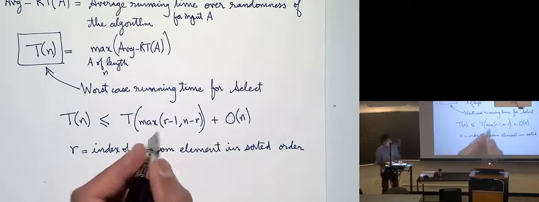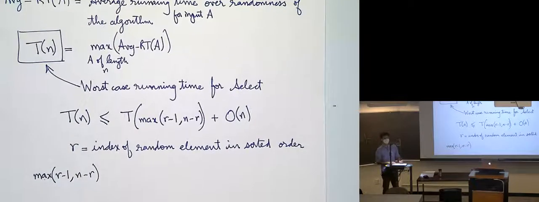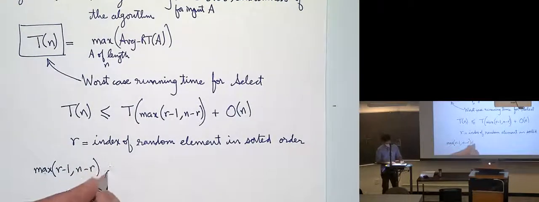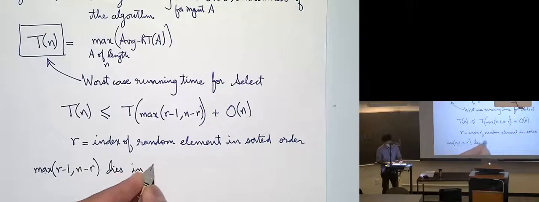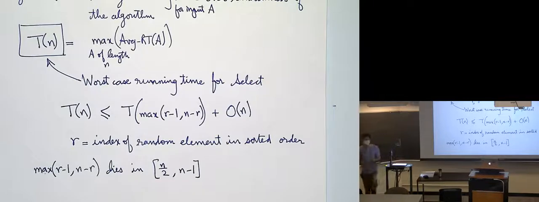So this max of R minus 1 and n minus R lies in the range n over 2 to n minus 1, because one of the parts is always going to be at least a half. Okay?